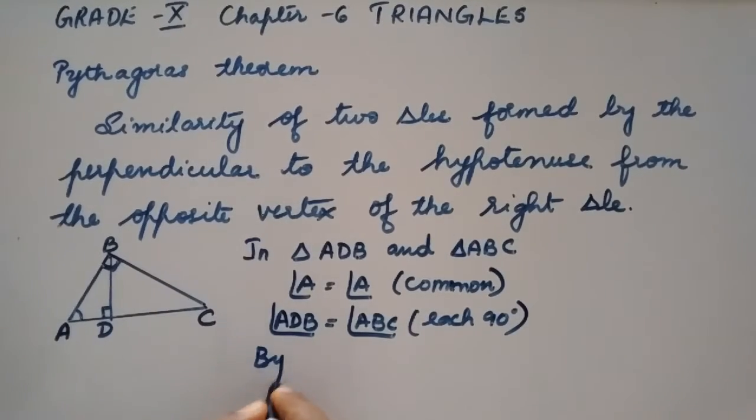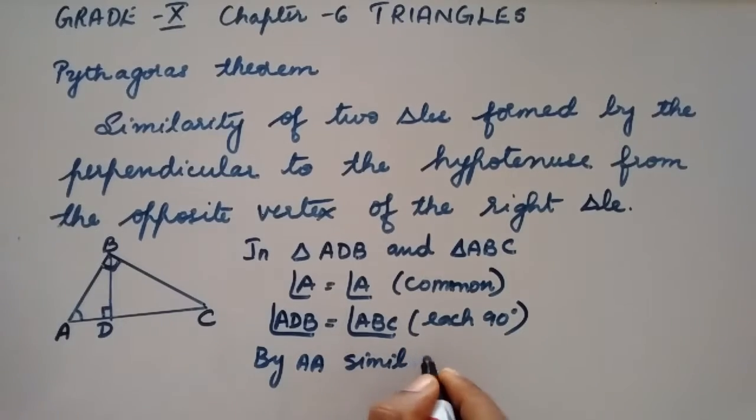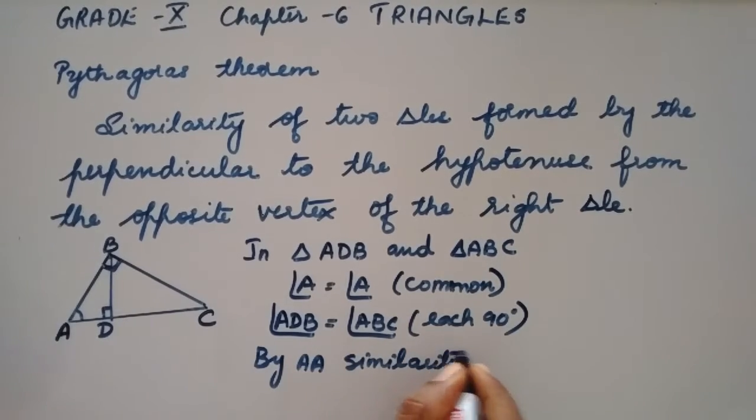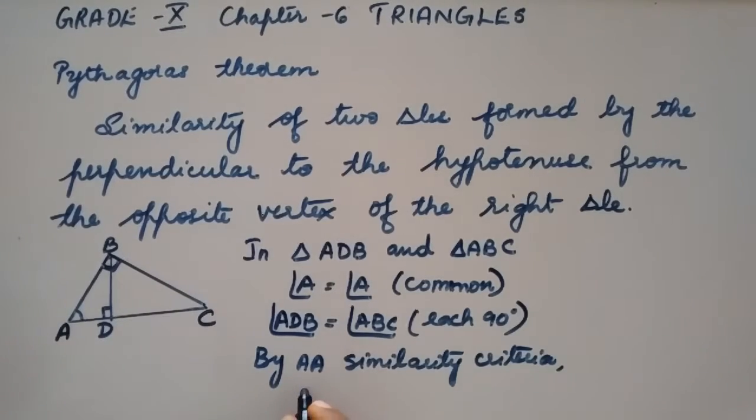So by angle similarity criteria, we can say that triangle ADB is similar to triangle ABC. So take this as 1.